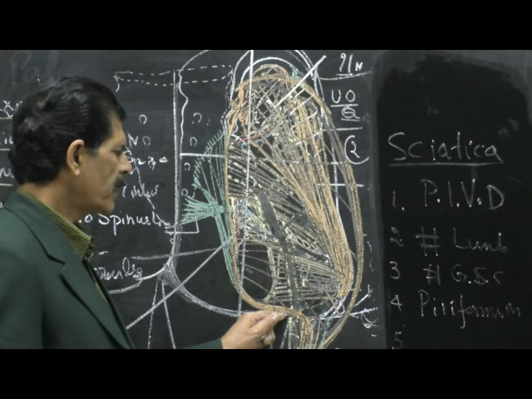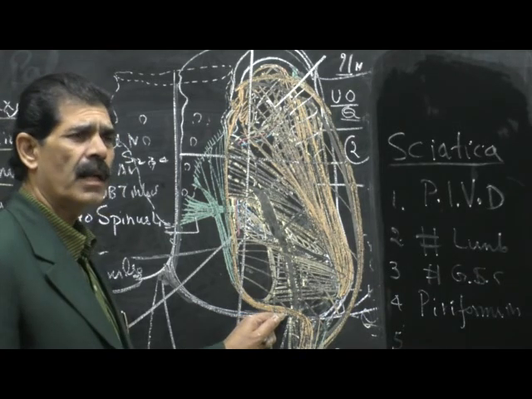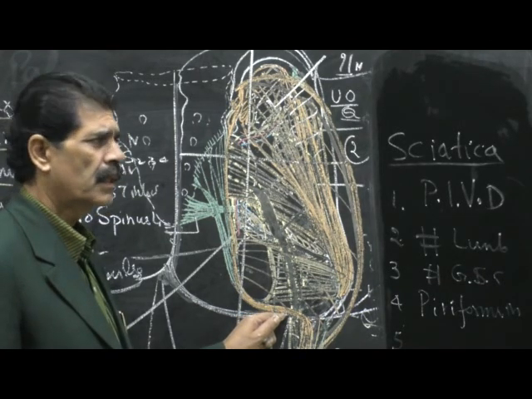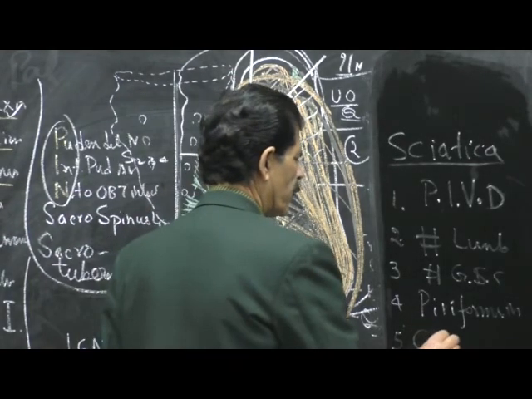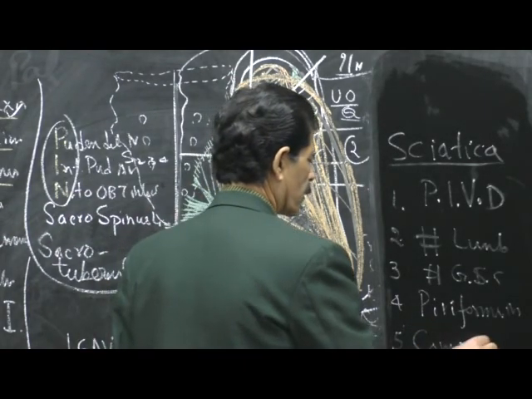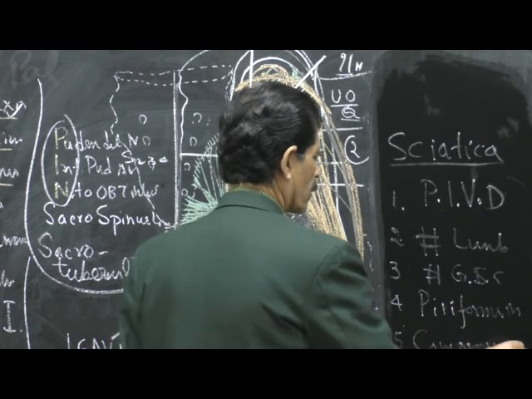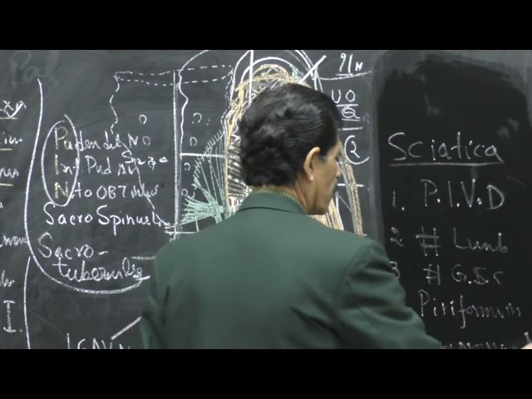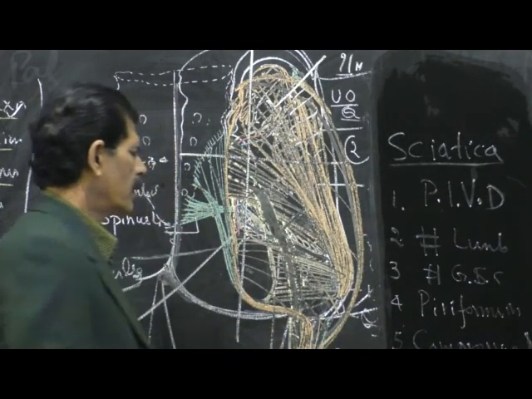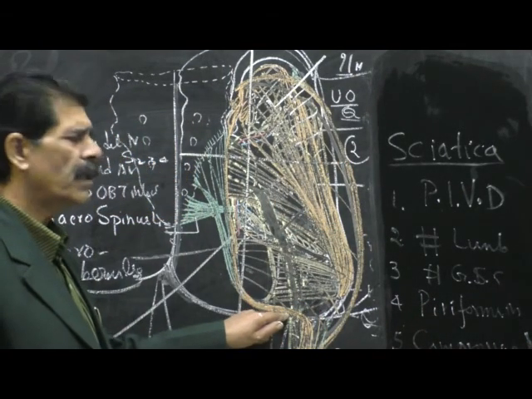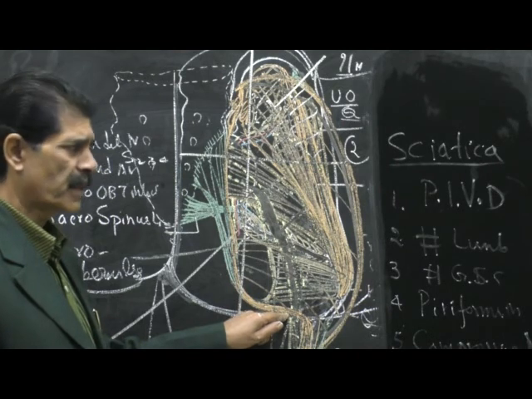Then another very common reason is compressive neuropathy, or compression of the sciatic nerve beyond the lower border of the gluteus maximus.